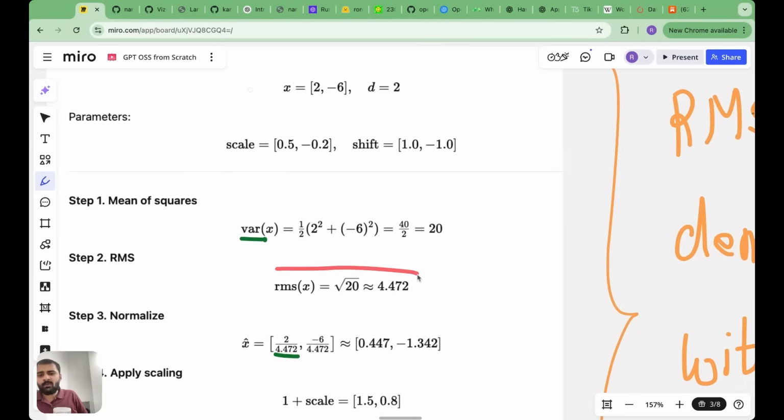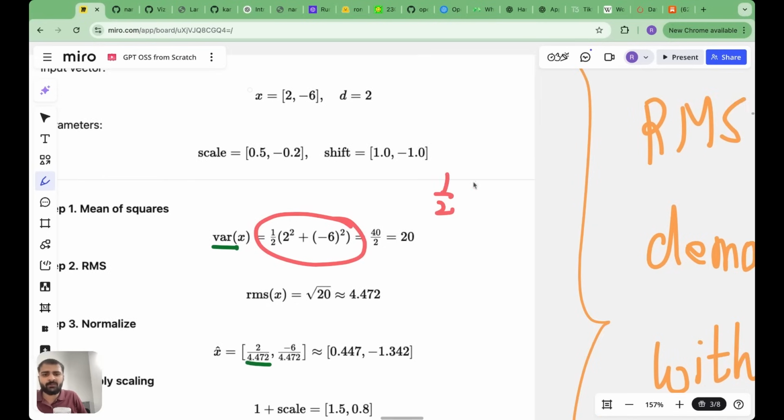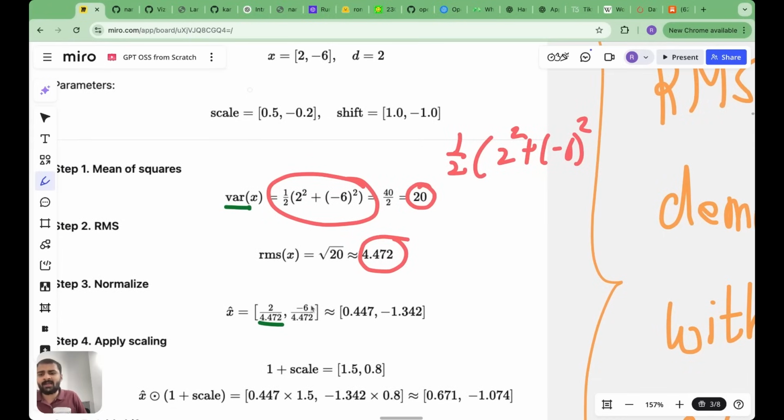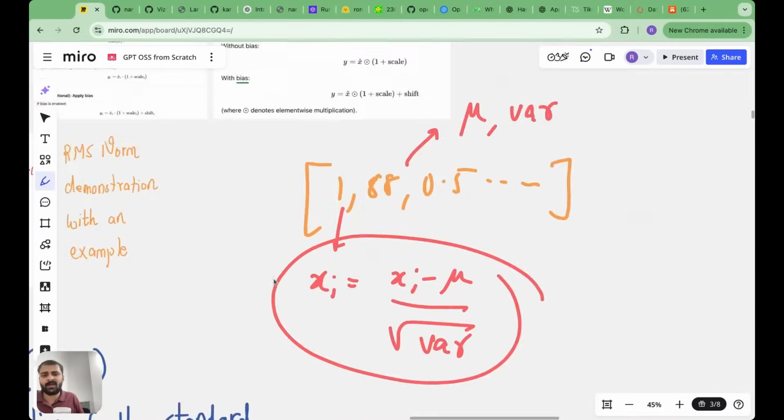This is called the root mean square. Essentially, first you do the mean square, which means you take the mean of the squares, 2 square plus minus 6 square, and then you take a square root of it. So this step is where the RMS norm comes in. You first find the RMS of this vector, and then you divide the vector by the RMS value. That's the basic version of RMS norm.